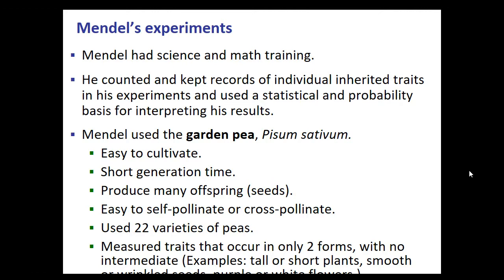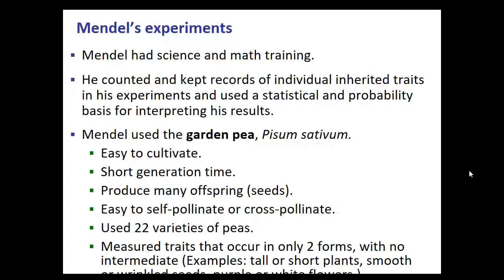And the traits that he focused on in these plants that he would cross together were all traits that occur in only two forms, nothing in between. In these plants there's a list of these kinds of traits.